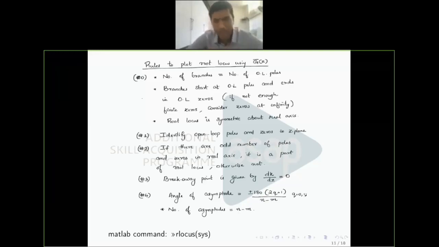One advantage is that you can design any type of controller. There is no limitation in the type of controller being implemented in a digital controller, while in the analog case, you need to have circuits. You need to implement it in circuits, so you must be able to implement those circuits. So that is one major difference. There are a lot of other differences and advantages for digital control, which I am not going into now.